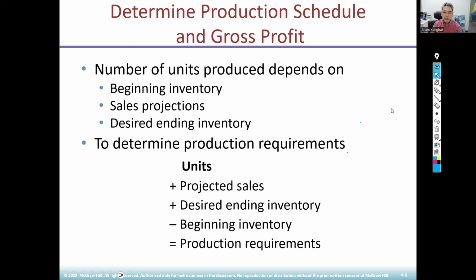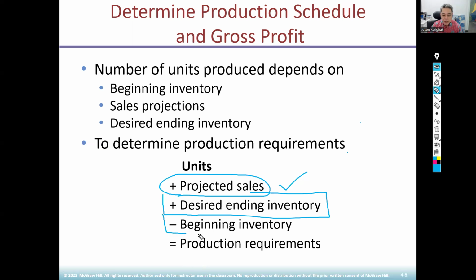To determine the production requirement, we have a formula. The 1,000 wheels and 2,000 casters, or 3,000 units, that's your projected sales for 2022, 6 months only. You need to add the ending inventory, so you have buffer stock before you start the next period.